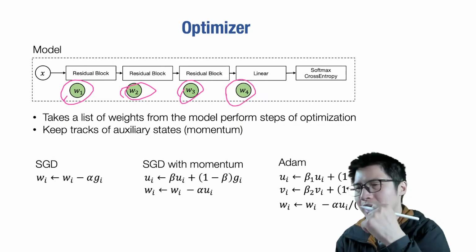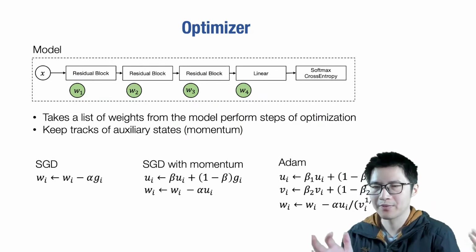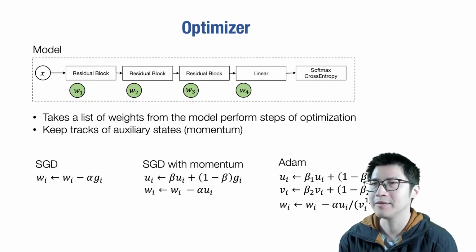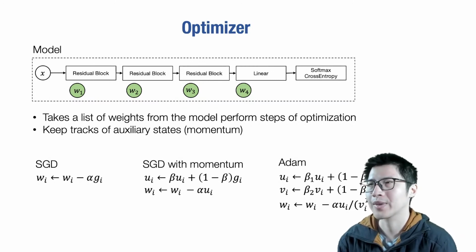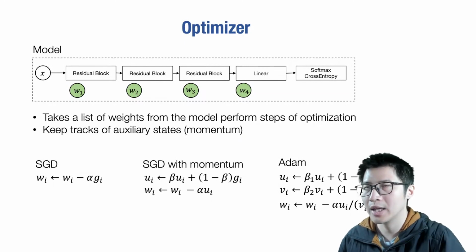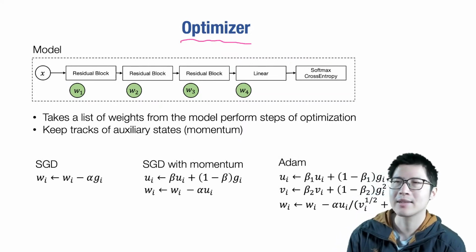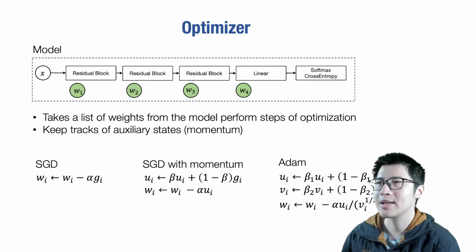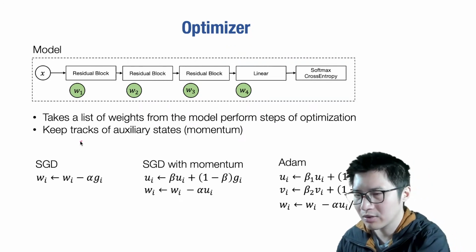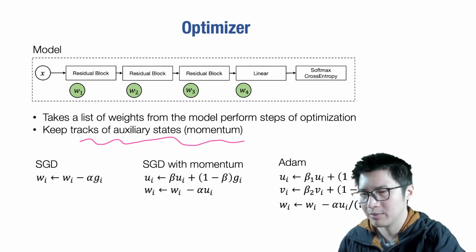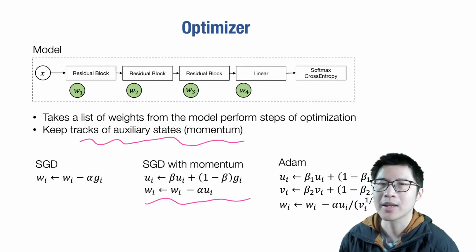We want to first take a list of weights from the model itself, and then perform updates on those. This is usually encapsulated in an abstraction called an optimizer that takes in a list of weights. Sometimes it also needs to keep track of auxiliary states, for example, momentum.